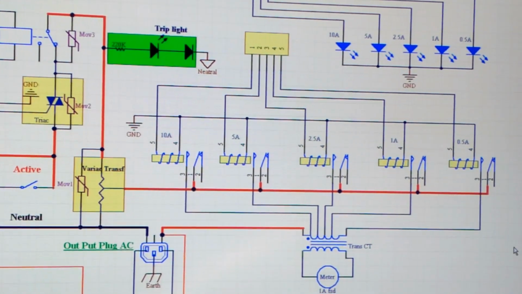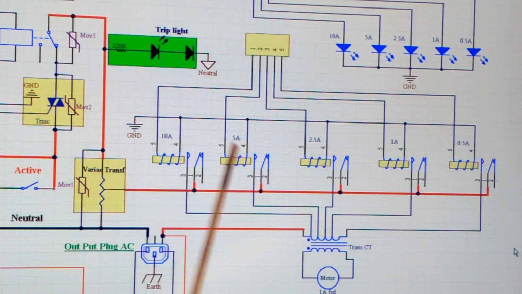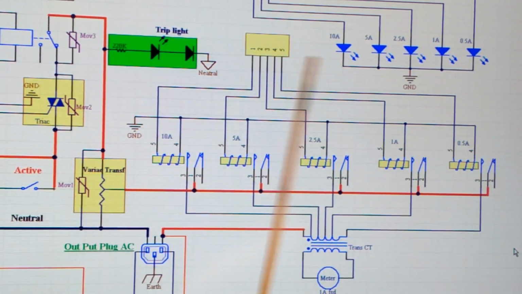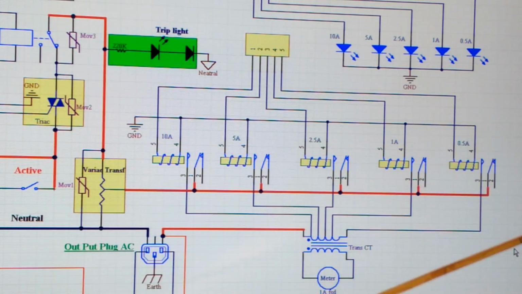Let's say the software realized that it was on the 2.5 and the current went higher than 2.5, therefore now the needle has hit the stopper, and it cannot go anymore. There's no more scale to show.